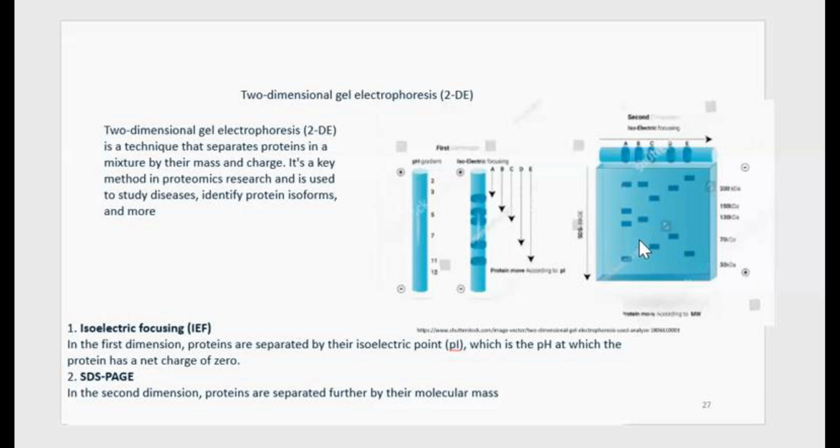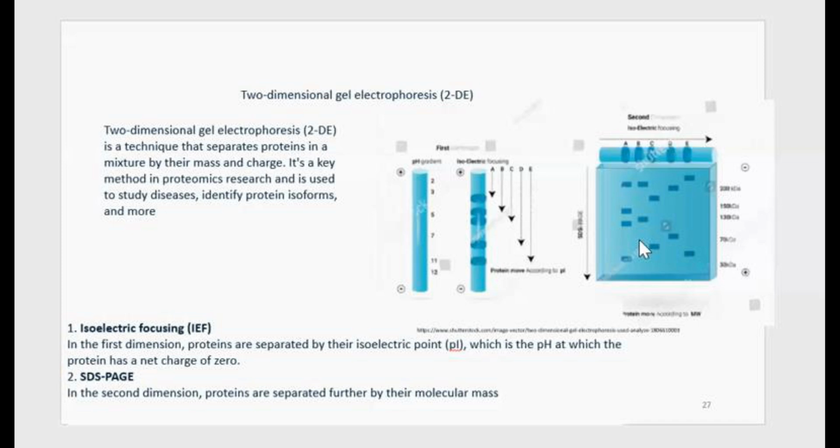Now the proteins are initially at a pH region below their isoelectric point. So when you are loading the spot, it should be at a point that is below the pI value of the protein under analysis. That is very important.